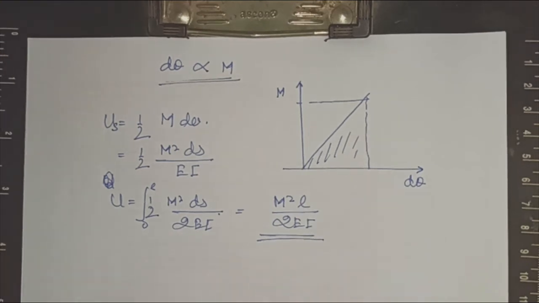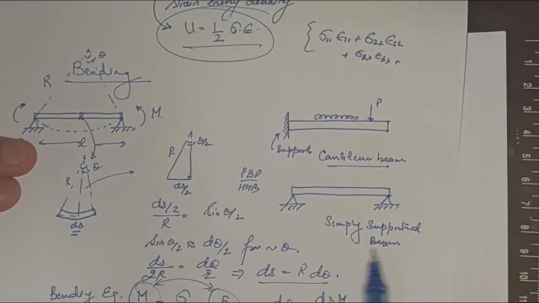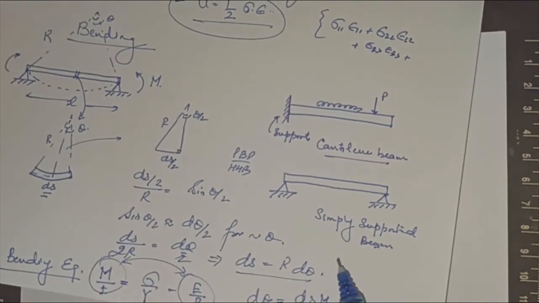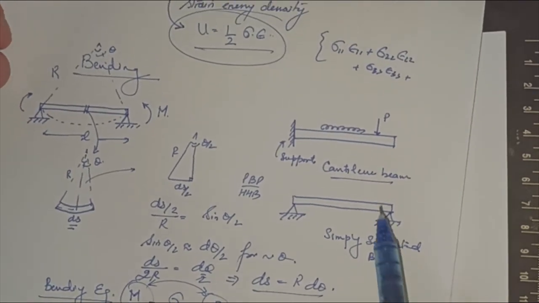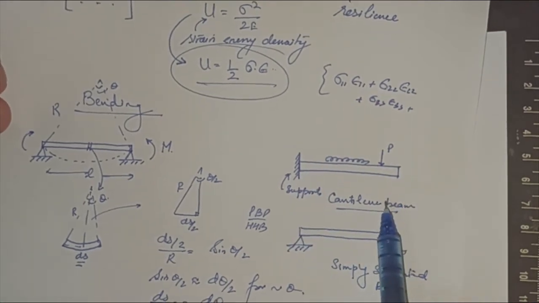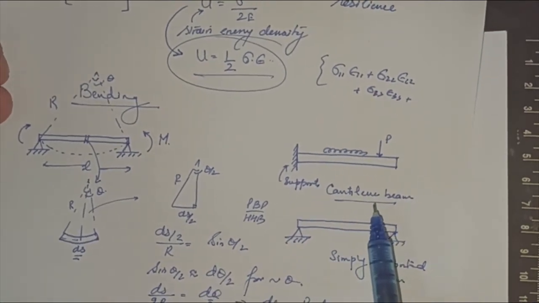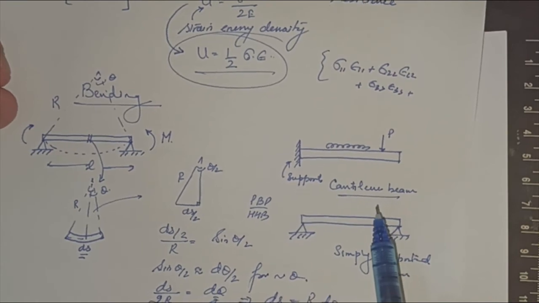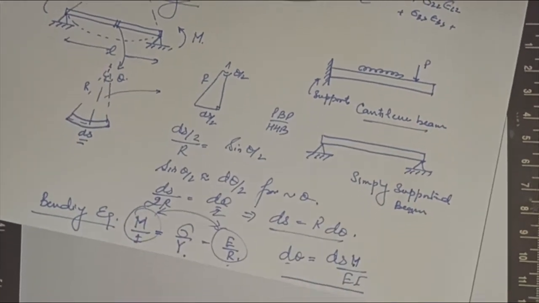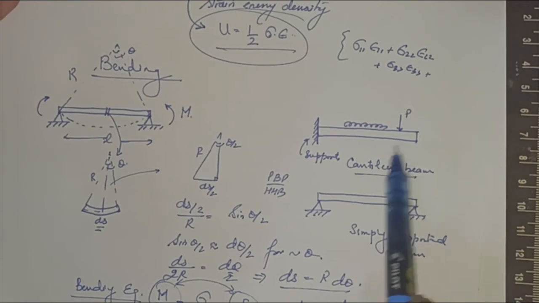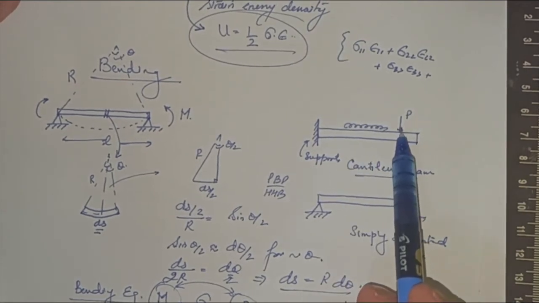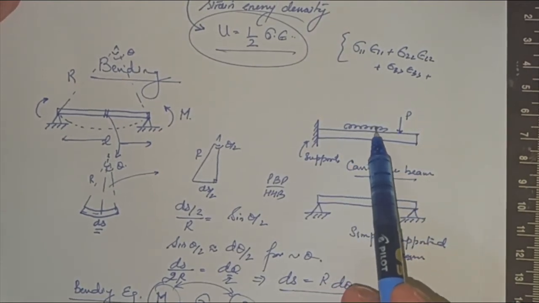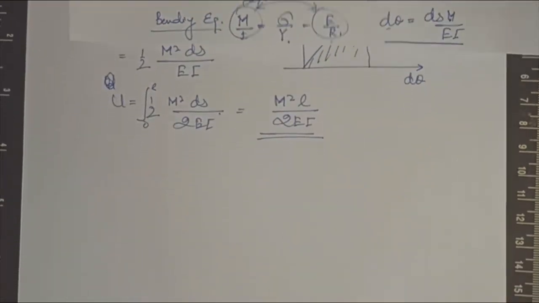This is the case for a simply supported beam. As I said earlier, there may also be a beam like a cantilever beam. What will be the bending moment in the case of a cantilever beam? In the cantilever beam also we can apply a load P here, or we can apply a UDL. So for different cases we will try to see.